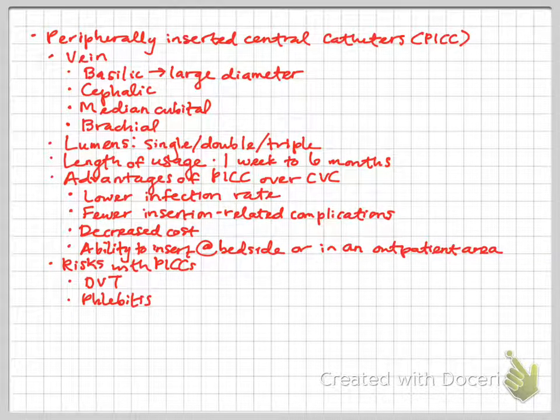The vein would look hard and cord-like. So on table 16-20, depending on your edition, make sure you use your index or your table of contents to look through that reading to find complications of central venous access devices in general. So we'll go over that toward the end. But specifically with PICCs, there is an increased risk of DVT and phlebitis.